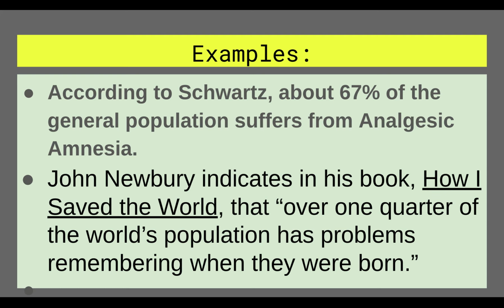Notice I put the author's name in there. I would assume that there is some article that would give me the fact that 67% of the general population suffers from analgesic amnesia. But to avoid a parenthetical citation, I've given the name of the author. In this case, of course, it's me.